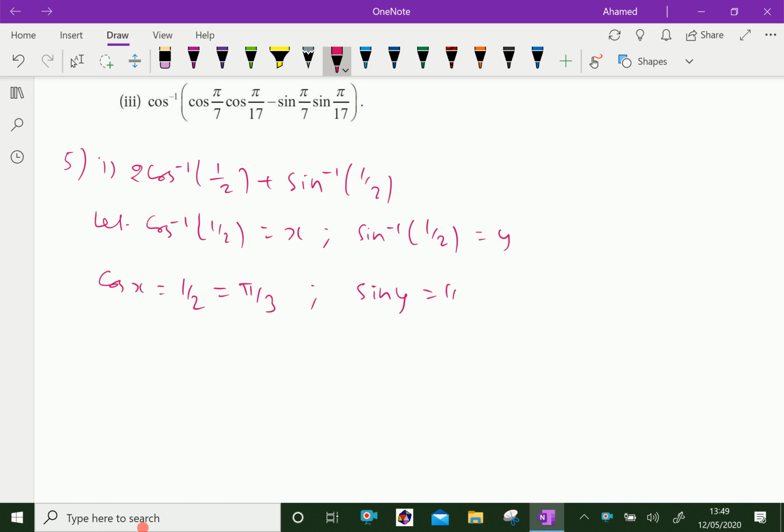Sin y equal to half, which is equal to sin pi by 6.